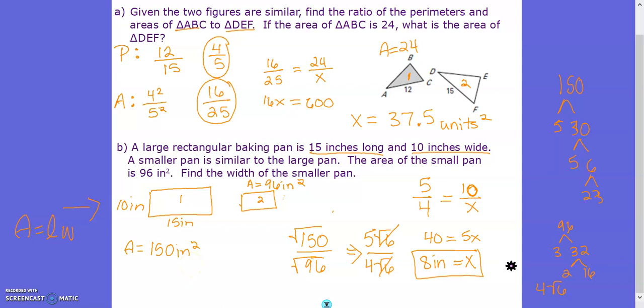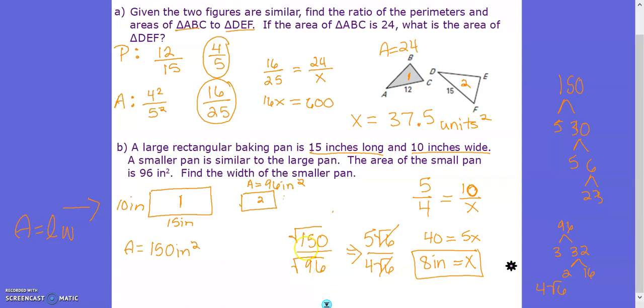Now I set up that ratio. I described my large pan as number 1 and my small pan as number 2, so I can keep that ratio in line as I write my proportions. I'm going to compare the areas first. So I have the area 150 over 96, but I want to find its side length, so I'm going to square root both of those.